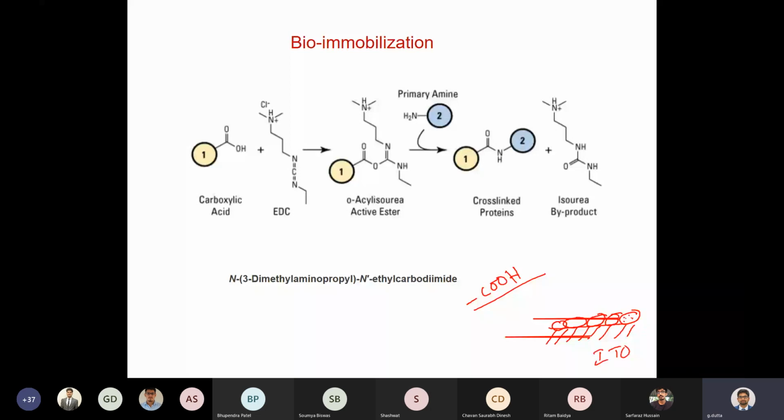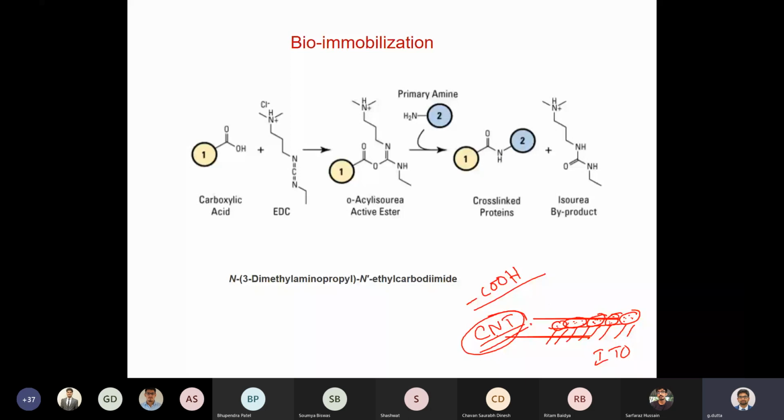CNT. CNT full form is carbon nanotube. So this is a kind of carbon nanoparticle, or it is like a tube-like structure. Carbon nanotube. We are saying carbon nanotube. So we can immobilize some carbon nanotube on the surface, and we can oxidize this carbon nanotube surface with the help of some oxidizing agent, like some acid treatment.